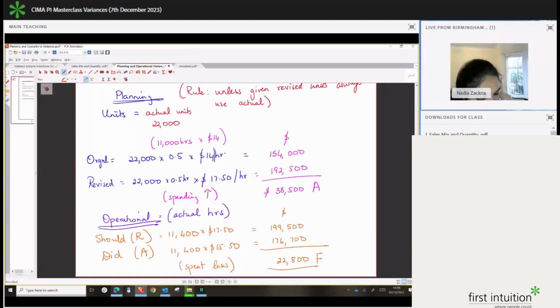Your calculator will tell you: the difference between the two numbers, 22,800. So keep in mind, planning is always original, but where you haven't been given revised units, you will go with the actual units. But when you're working with the operational, you will look at actual hours when it comes down to labor and actual kgs when it comes down to material.